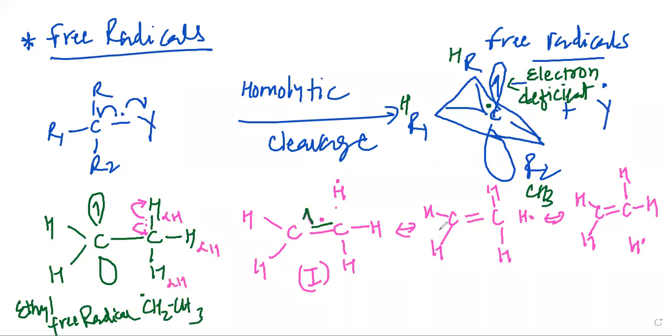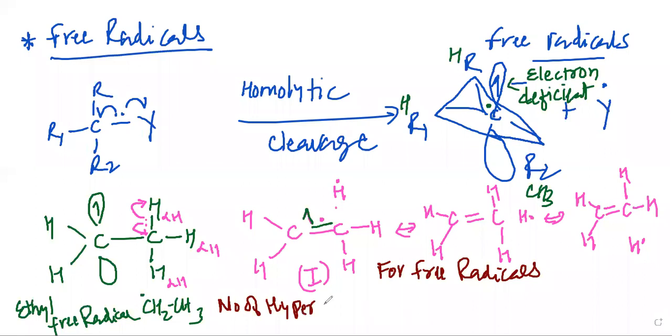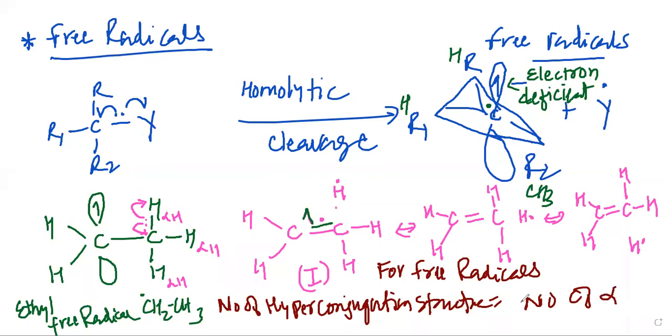And you can easily understand in this case of free radicals also that for free radicals, the number of hyperconjugation structures is equal to the number of alpha hydrogens. The same thing you can even understand about the free radicals, that the number of hyperconjugation structures is equal to the number of alpha hydrogens. Children, if you did not understand anything in this, you can ask.